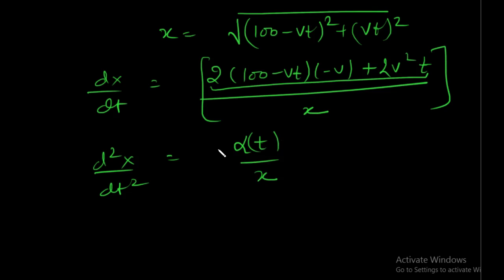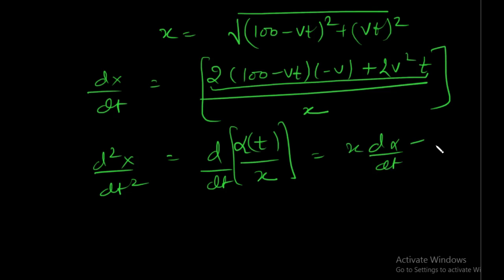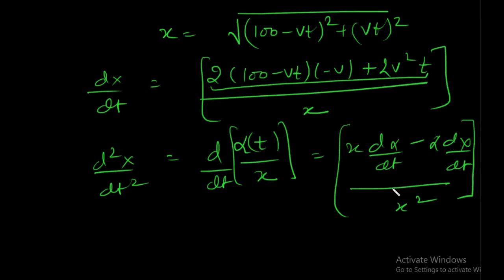So d square x by dt square would be equal to d over dt of this, and this will be equal to x d alpha by dt minus alpha dx by dt, by x square. Since we have assumed numerator as alpha, the whole expression you can do it yourself. Try doing it yourself, this will waste my time only.